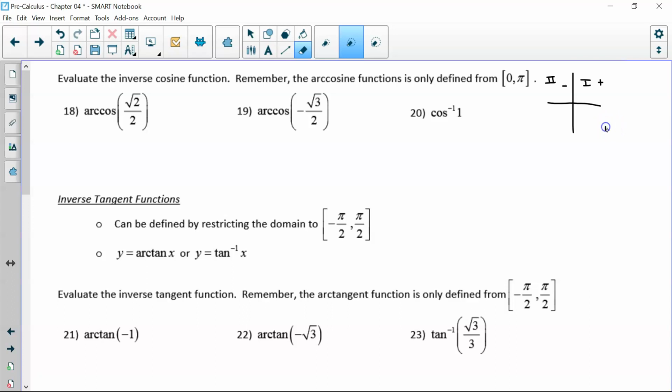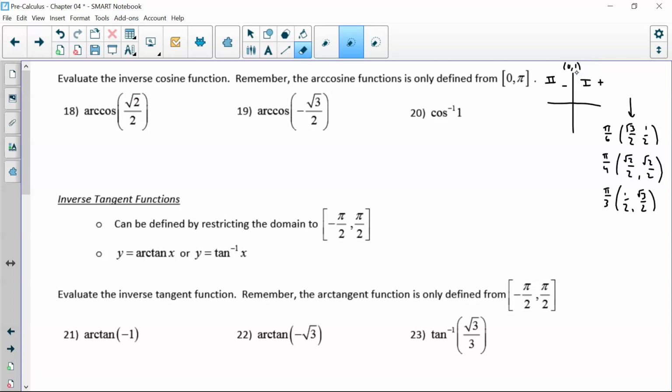Keep in mind, we have our pi over 6, our pi over 4, and our pi over 3. So we have our root 3 over 2, root 2 over 2, 1/2. Now we're looking at the y coordinates. And also don't forget this one here is at 0, 1.